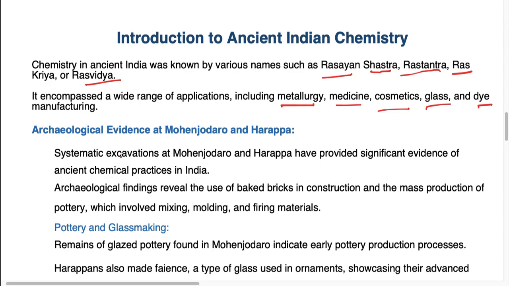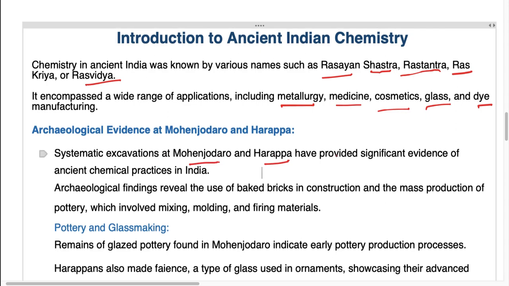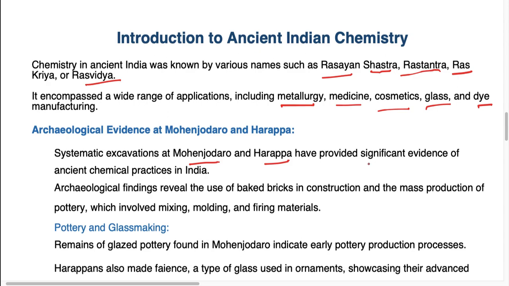So let's see what archaeological evidence was found at Mohenjo-daro and Harappa. The systematic excavations at Mohenjo-daro and Harappa have provided significant evidence of ancient chemical practices in India.